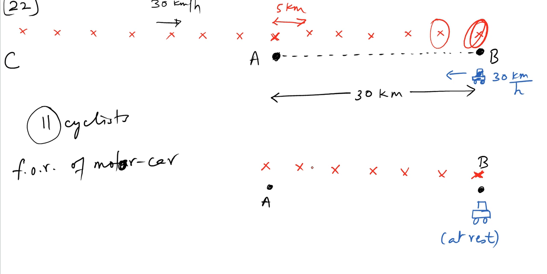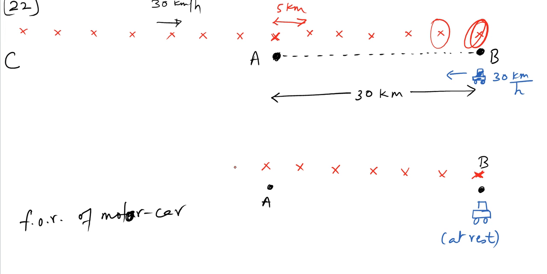So let's see, there should be 7. 1 2 3 4 5 6 7. So that seems okay. And we draw the other ones now, because it's a procession of cyclists. So there are so many cyclists which are just going towards the right. All of them are going towards the right.